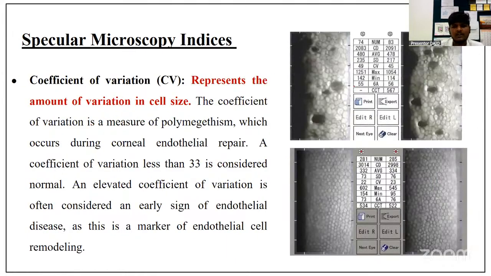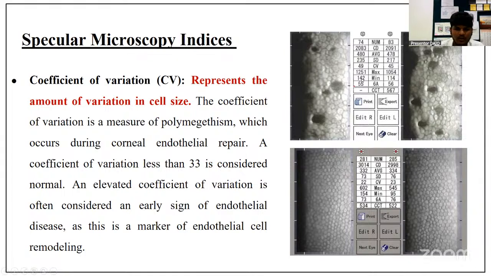Coefficient of variation represents the amount of variation in the cell size. It is a measure of polymegatism, which occurs during corneal endothelial repair. A coefficient of variation less than 33 is often considered normal, and an elevated coefficient of variation is often considered an early sign of endothelial disease, as this is the marker of endothelial cell remodeling.